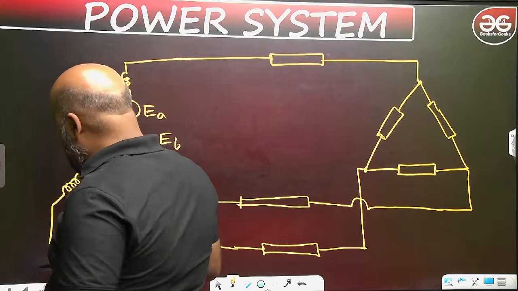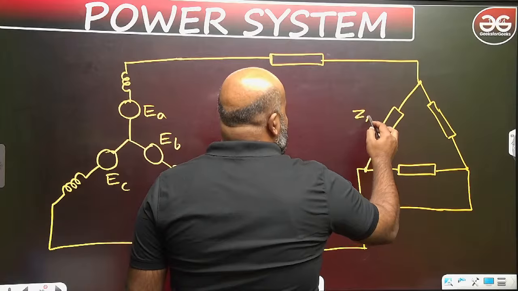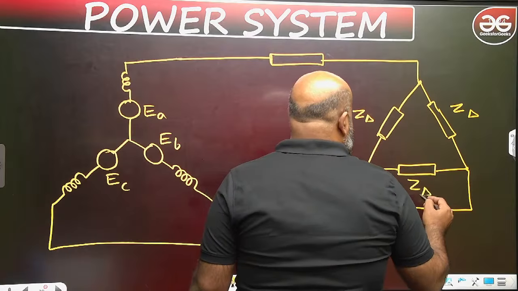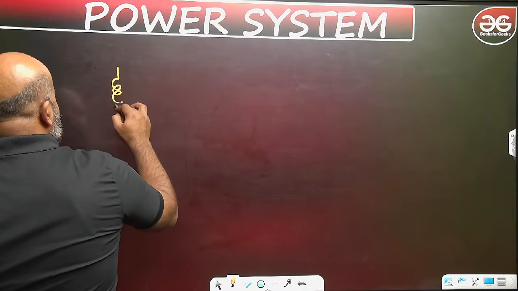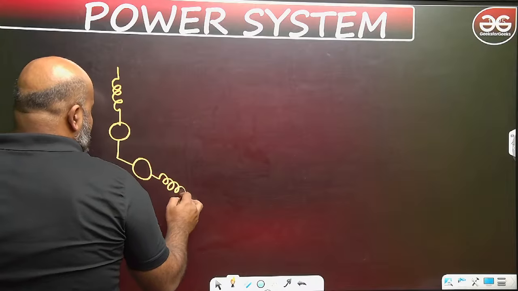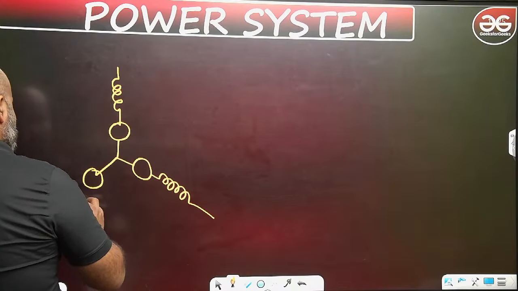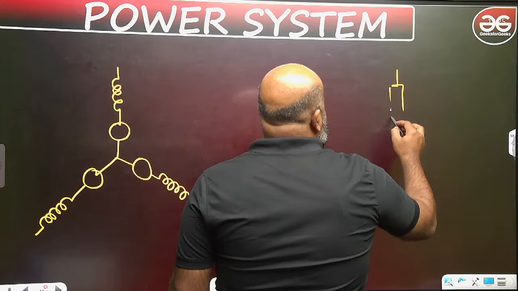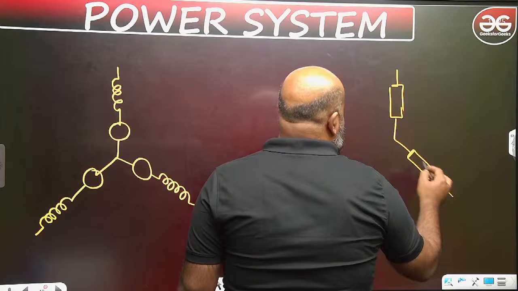So convert this given load, delta load, into star. Suppose this is Z delta, Z delta, Z delta. So convert it into star. So what you will get? So now your load becomes a star connected load.